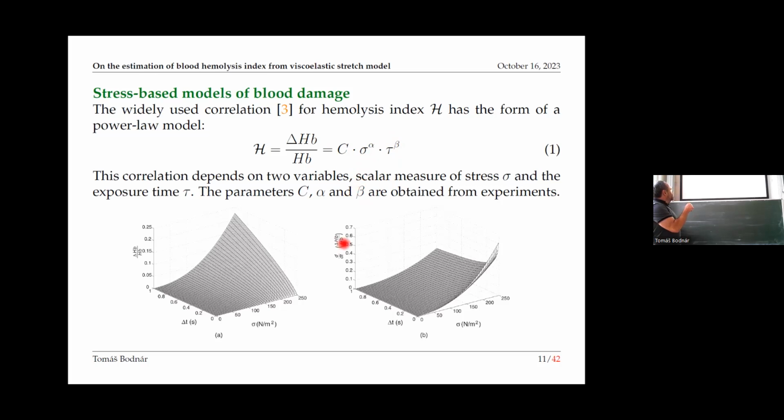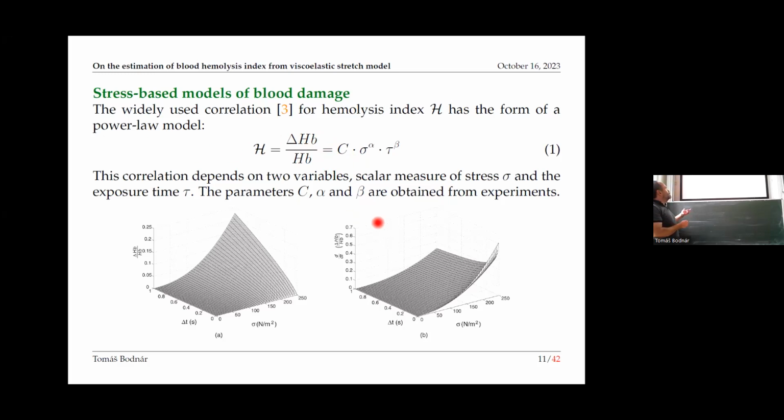This is nice. This was verified experimentally with different set of coefficients in this correlation, but it also has some drawbacks, as we will see later on. So this will just tell you locally what is happening locally, but the problem is that from the physical point of view, the increase of hemoglobin over the total hemoglobin can never be bigger than 1.